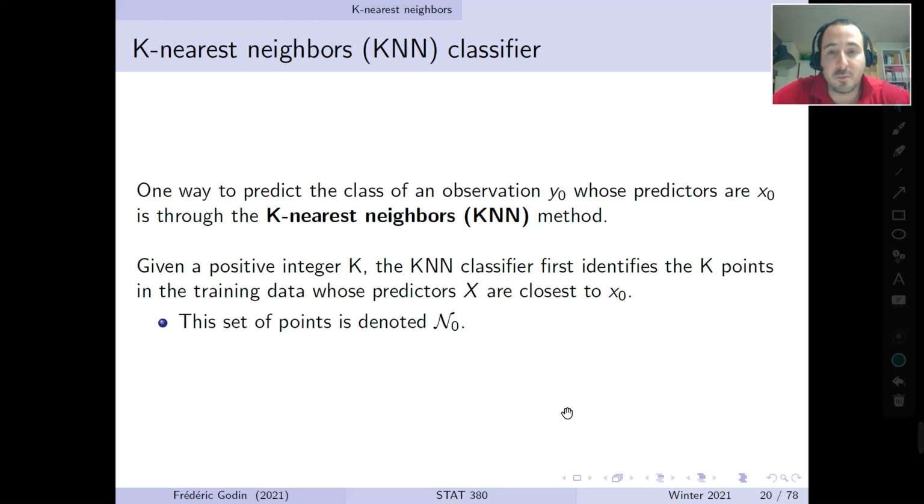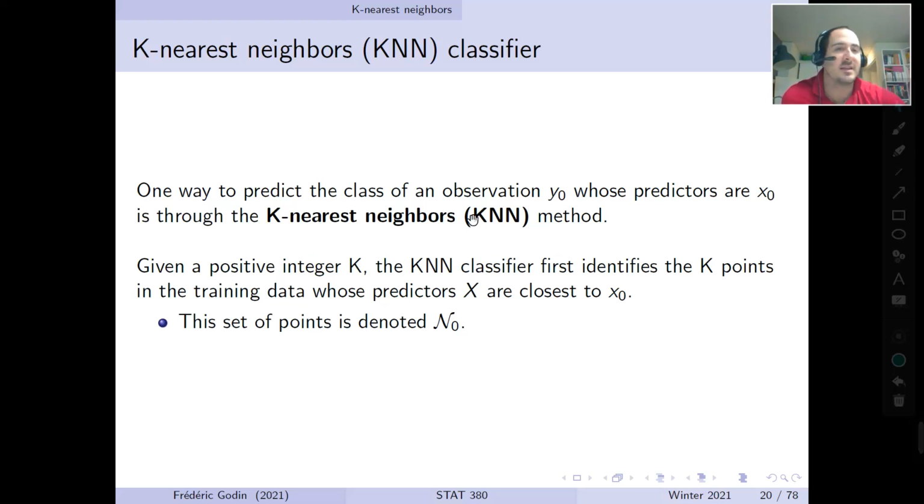Okay, so one way to predict the class of an observation y0, whose predictors are x0. Here I use y0, it should have been g0 because we use the group, but it doesn't matter. Here y0 represents the response, and x0 is the predictors for that new observation. So we can use a method called K-nearest neighbours, which is analogous to what we had in the regression setting.